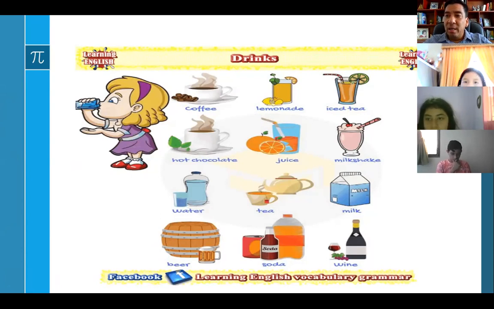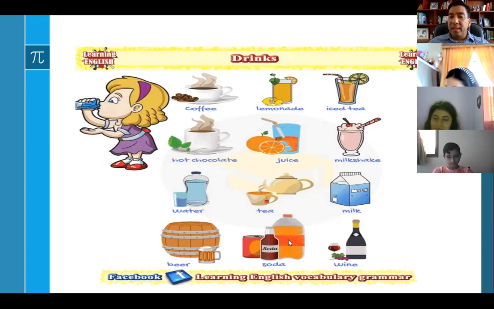You know the milkshake, los batidos, or also called smoothies, también llamados smoothies. Okay, the milkshake. We have the water, we have the tea, we have the milk, we have the beer, the soda, or the wine. Be careful here, mucho ojo aquí, chicos.